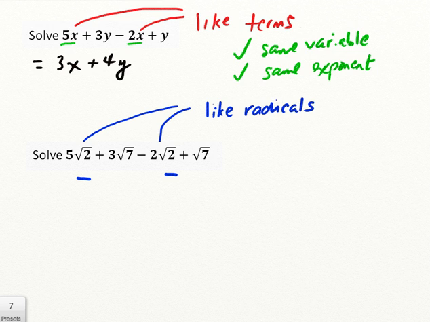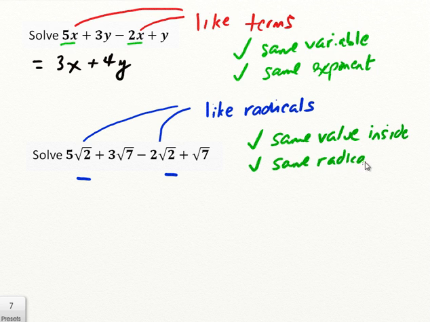And the check for like radicals is they have to have the same value inside, and they have to have the same radical sign.